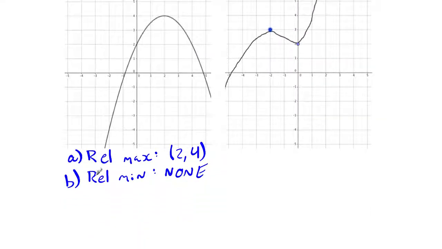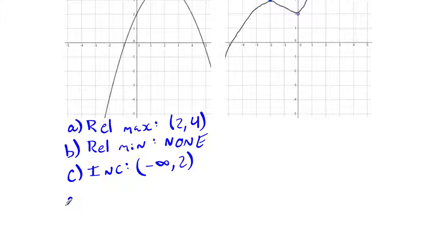The interval for where it's increasing, well, I can see I'm going up and up and up. Increasing only refers to the x values, so know that it only refers to the x values. So we're increasing starting at x is negative infinity, going up all the way to 2.